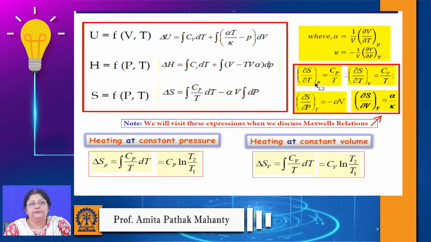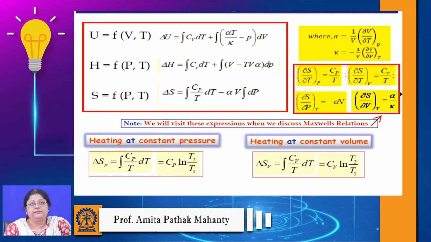From Maxwell's relations, we are going to find out how entropy changes with temperature at constant pressure can be related to Cp by T, and entropy change with temperature at constant volume is related to Cv by T. And from there, using alpha and kappa T, the expansion coefficient and the compressibility, we can find the change in entropy with pressure at constant temperature, which is minus alpha into V, and the change of entropy with volume at a given temperature, which is alpha by kappa.